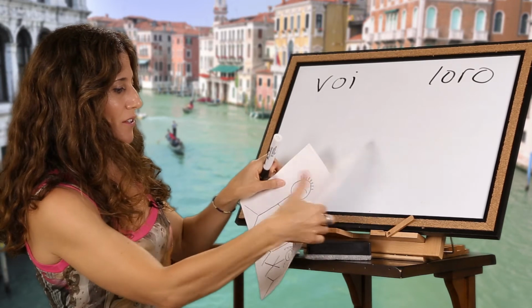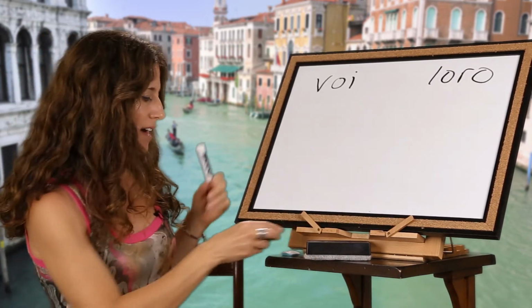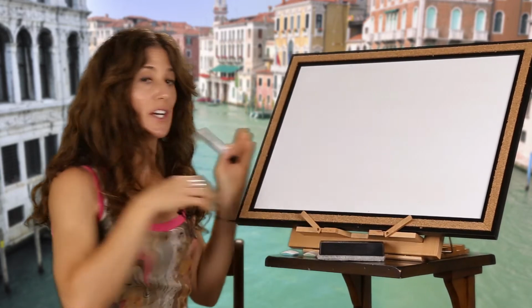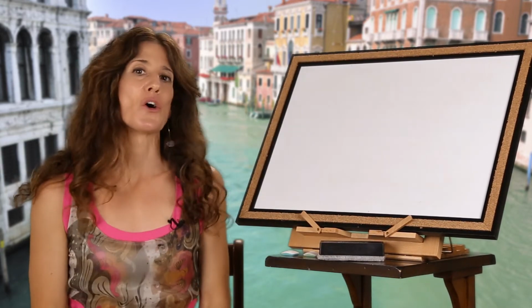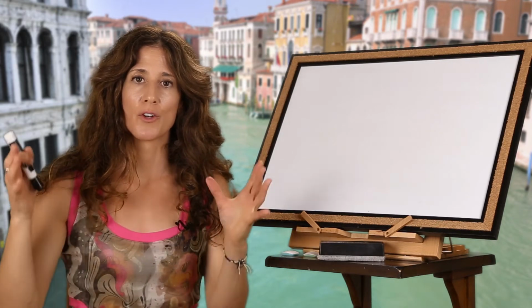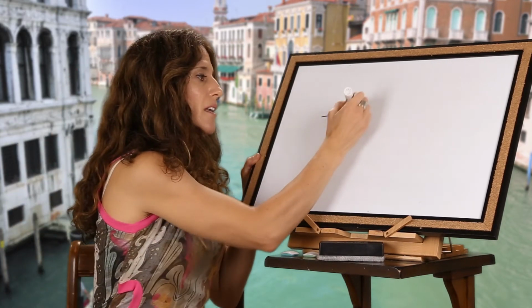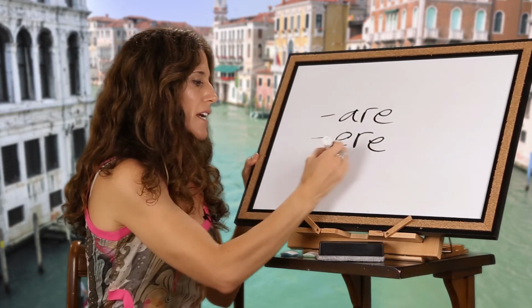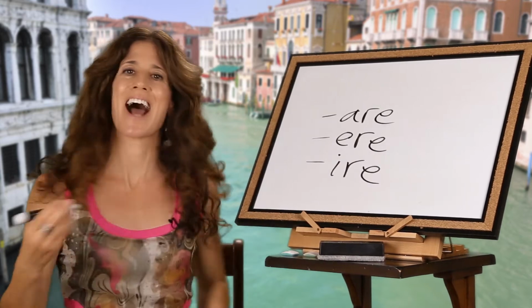Okay. So, andiamo avanti. We're going to keep moving on, and now we're going to look at some verbs. In Italian, there are 3 regular verb groups. There are verbs that end in are, there are verbs that end in ere, and there are verbs that end in ire.